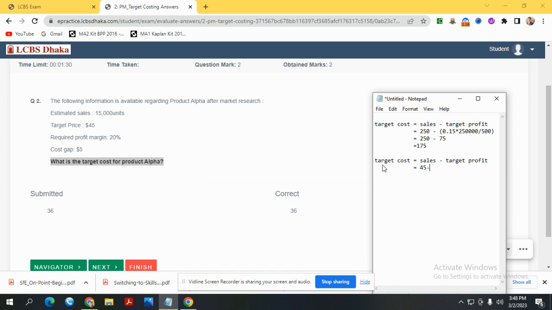Okay? Because this is margin, they want 20% of 45. This is their target profit. So very simply, it's 45 minus 9, and we have $36. The correct answer is 36.